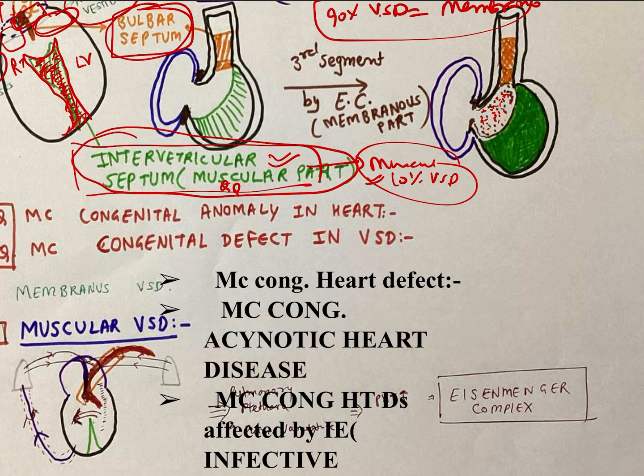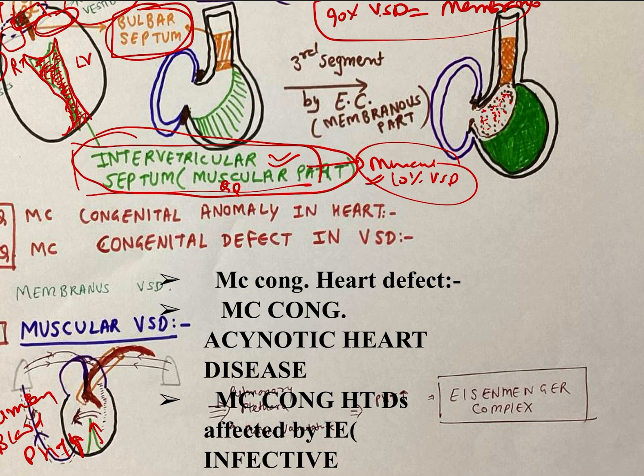Why acyanotic? Because left ventricular pressure is high, as we are aware. This left ventricular oxygenated blood goes to the right ventricle, no problem. If oxygenated blood is going to the right ventricle which has deoxygenated blood, then there will be no cyanosis. But gradually with time, because of increased pulmonary blood flow, pulmonary hypertension starts developing.